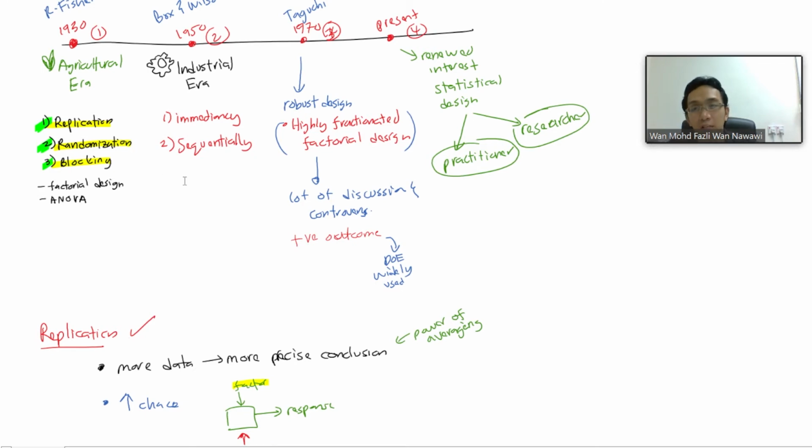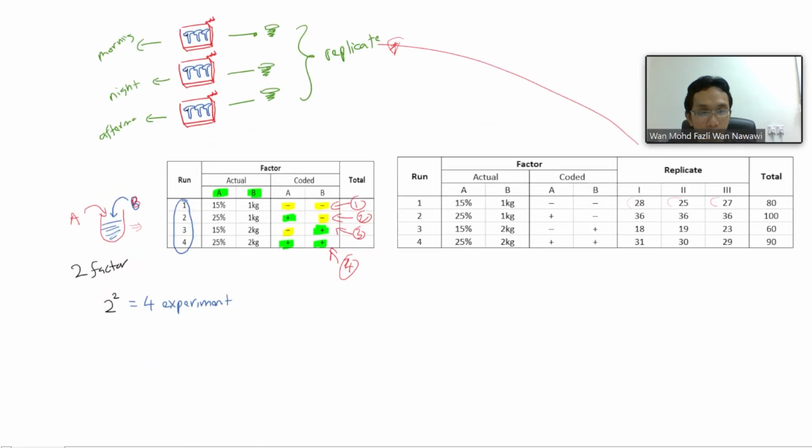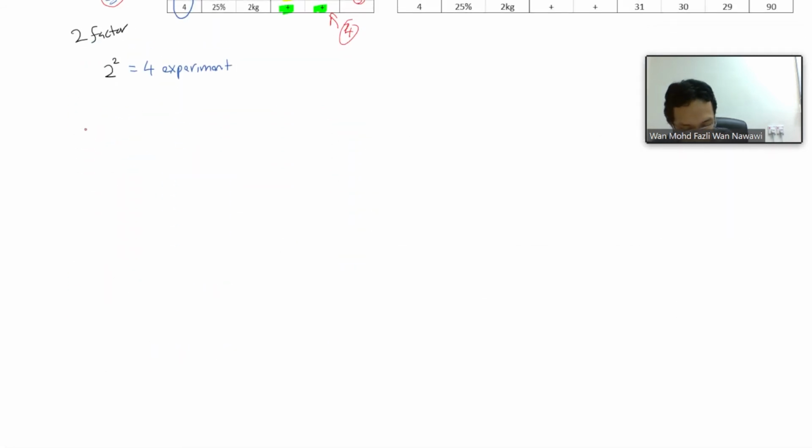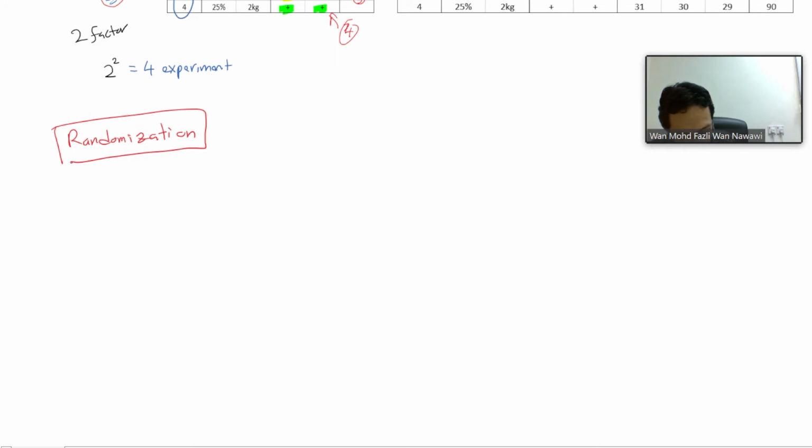Second is randomization. What is randomization? The purpose of randomization is to make your assumptions valid.